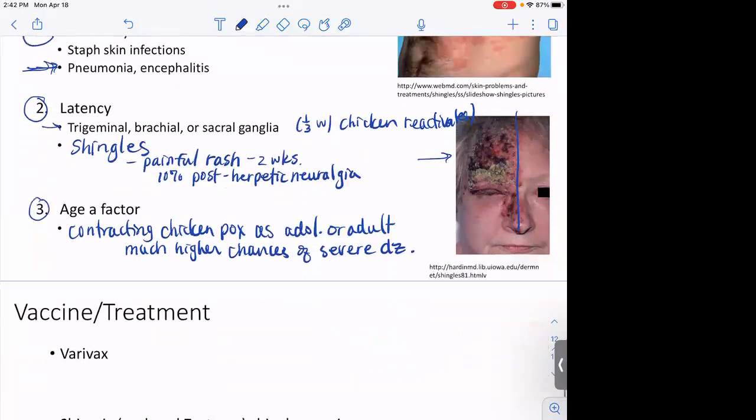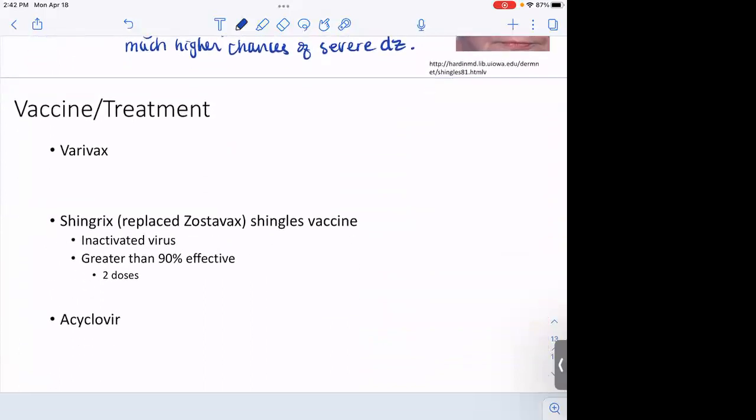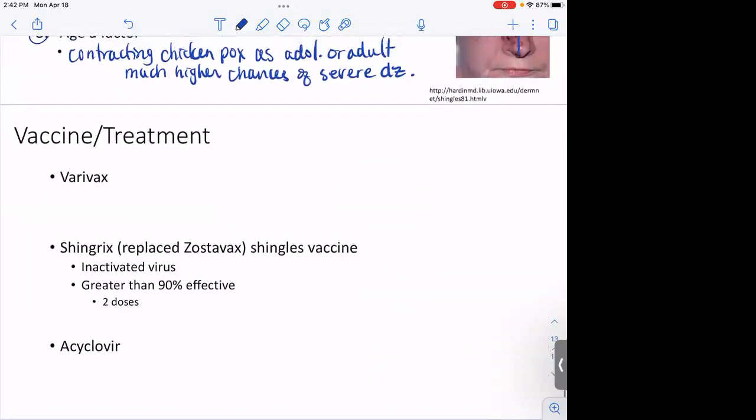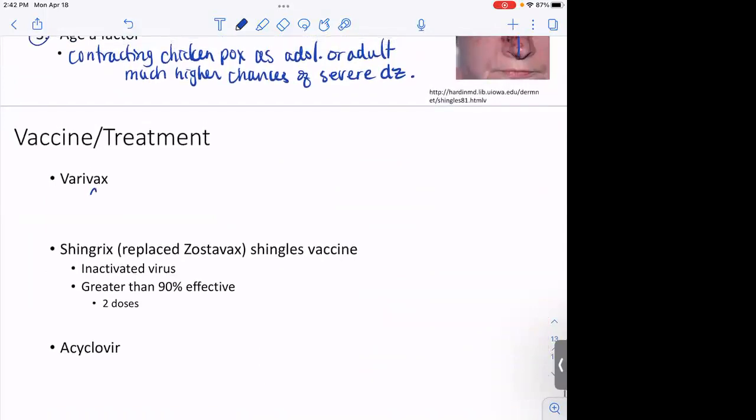Might as well finish up talking about that. The vaccine that we have for chickenpox is called Varivax, and it's an attenuated vaccine. So remember, that's a live, weakened form of the virus.